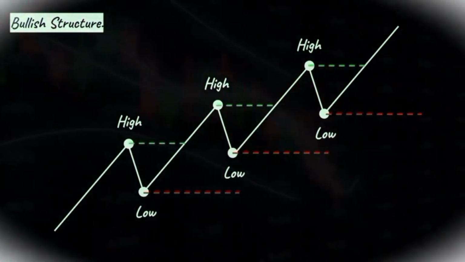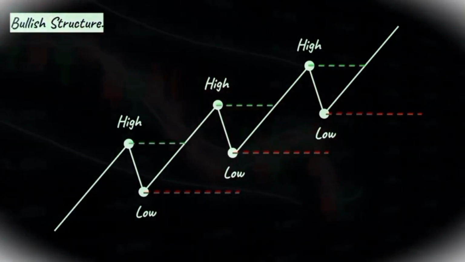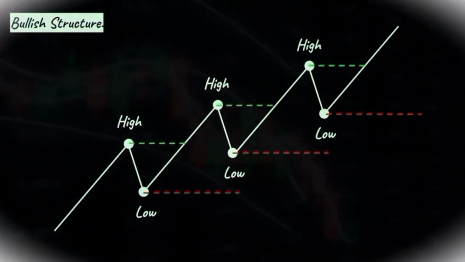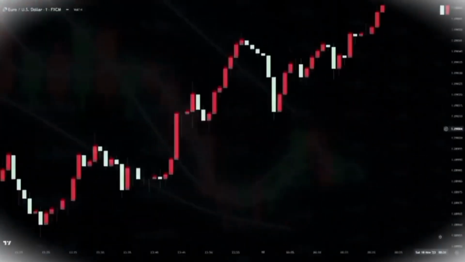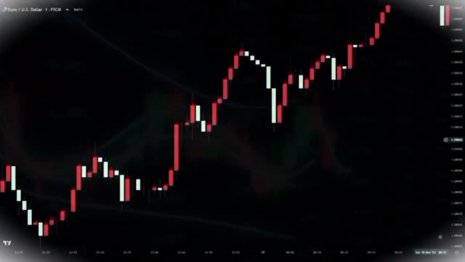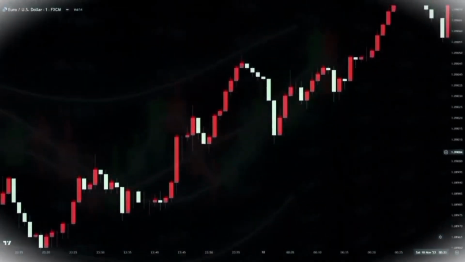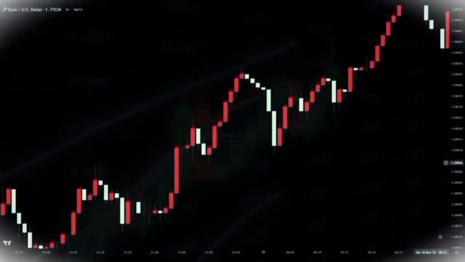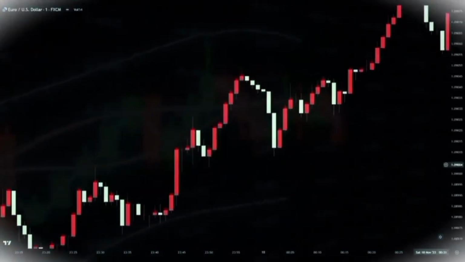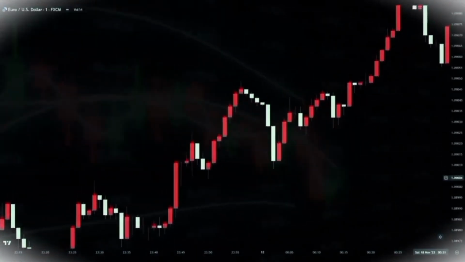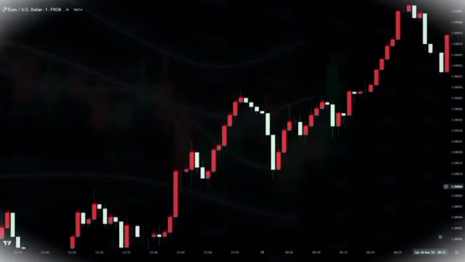Although the market might not always move this clearly, this is the general definition that is commonly seen in the market. Even if you look at the 1-minute chart, you can see that the upward movement is created by making higher highs and lows. So as long as the price continues to break the structure levels to the upside, we are still in an uptrend.